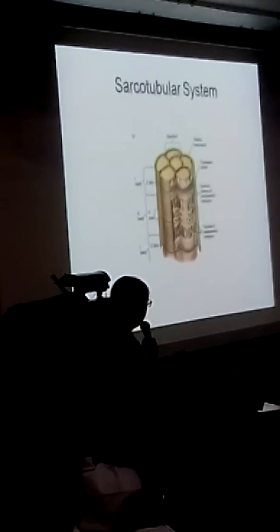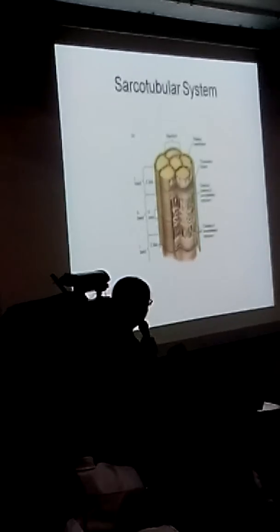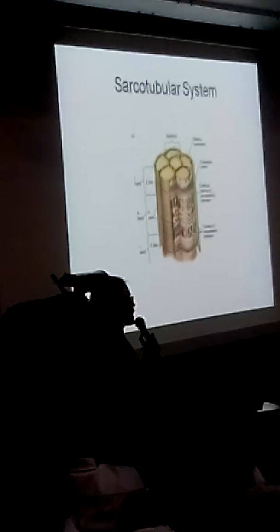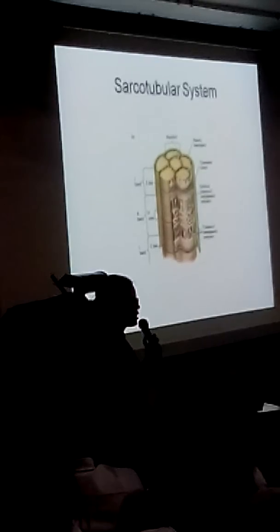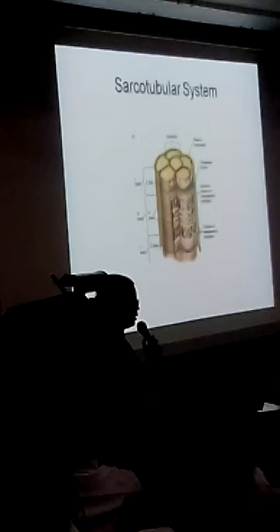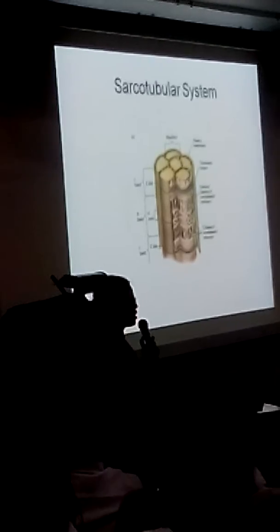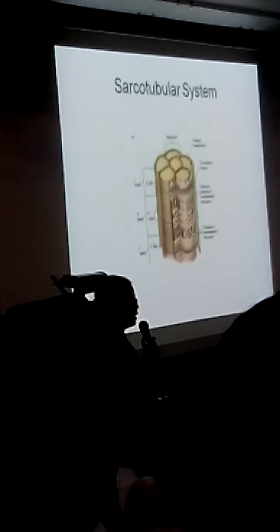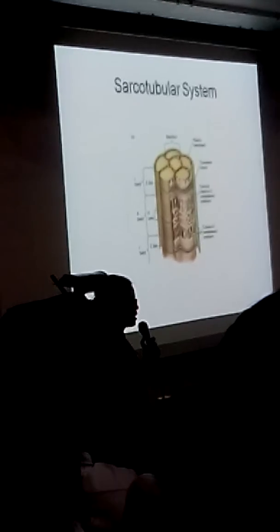So here, imagine there is a neuromuscular junction. First, let's talk about the general mechanism of muscle contraction. It will start with what? An action potential along the motor nerve fiber. That action potential will cause the release of acetylcholine in the synaptic space.